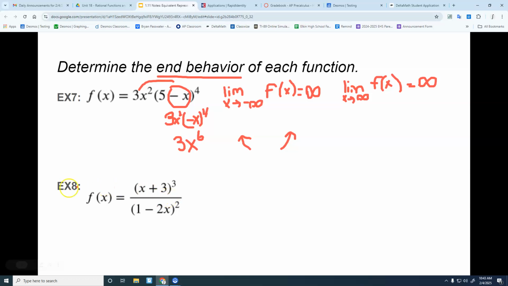For a problem like 8, we again just need to know about those highest exponents, right? So when I expand this, I could fully expand it, right? I could use Pascal's triangle and fully expand it. But the only one that's going to really matter for the top is that first term, right?